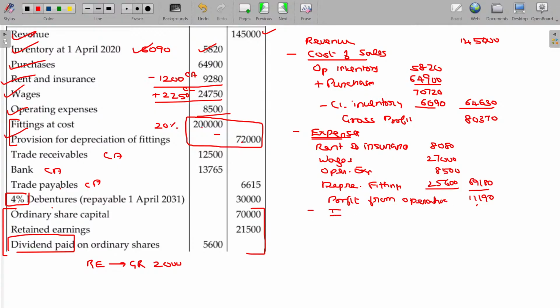Minus interest. Interest on debenture not paid. So for 30,000 rupees, 4%, 1,200 is subtracted. The value you get here is called profit for the year. Profit for the year 9,990.